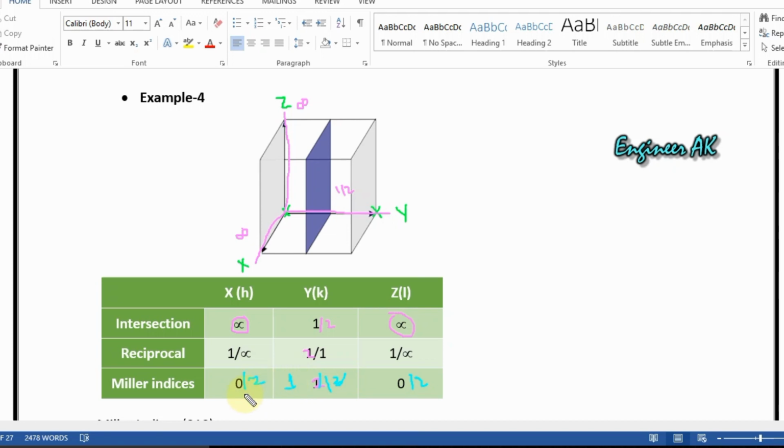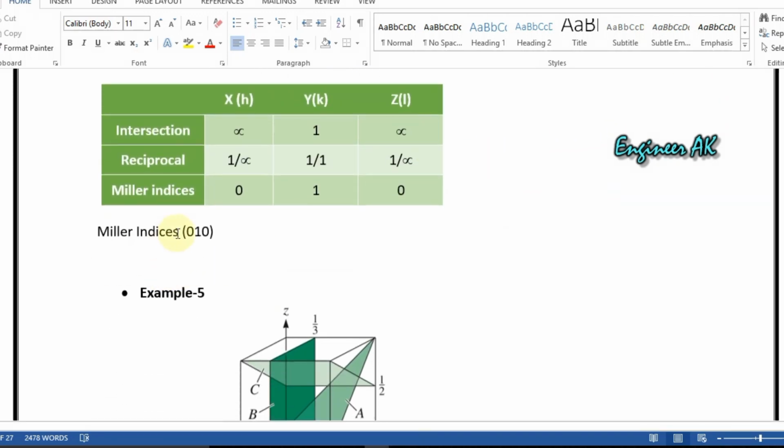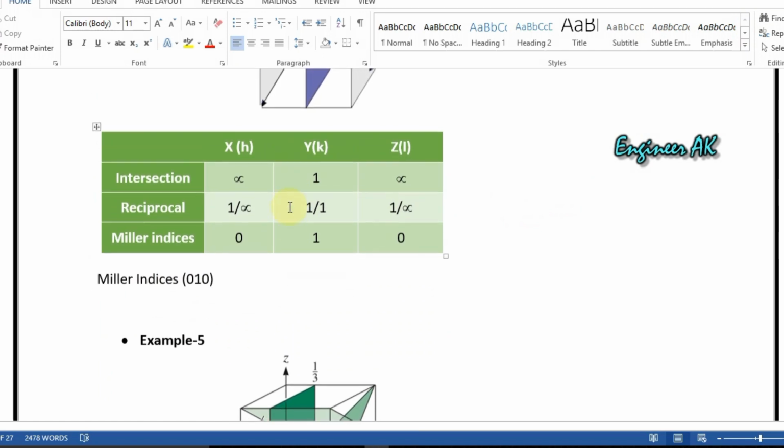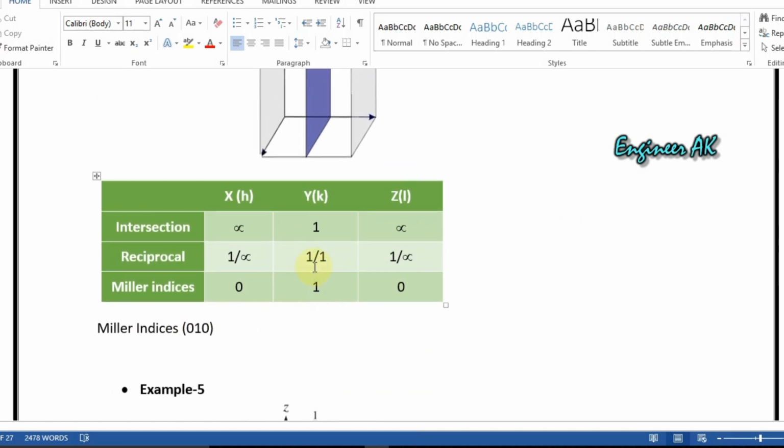So its Miller indices will be 0, 1, 0. Here it's 1/2, and it becomes 2/1, and then 2, and when you divide all of these by 2, you will get this.